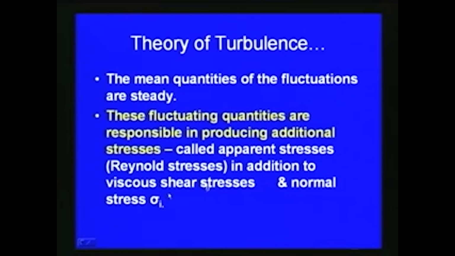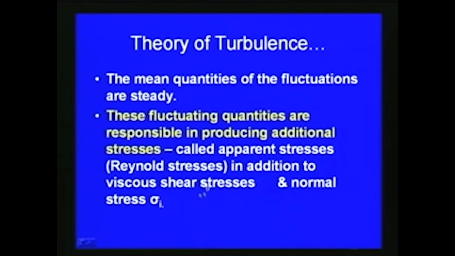So, these fluctuating quantities are responsible for producing additional stresses. As we have already seen, the fluid molecules jump and this fluctuation takes place, and these fluctuating quantities are responsible for producing additional stresses called apparent stresses or Reynolds stresses, in addition to the viscous shear stresses and normal stress sigma.